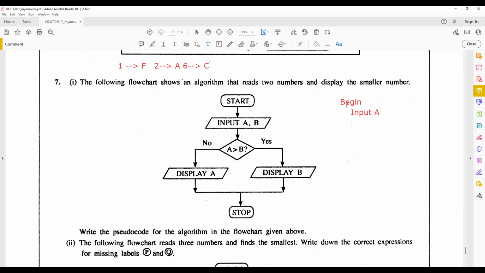I can say input B. It's perfectly all right. Then we have a selection. If you have a selection, then we know it's if.